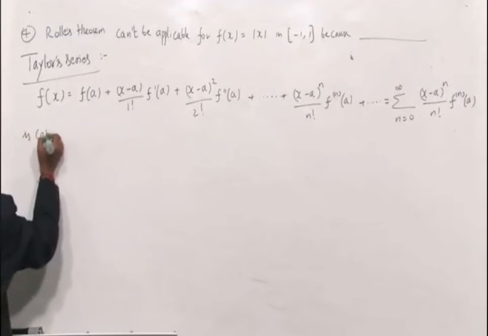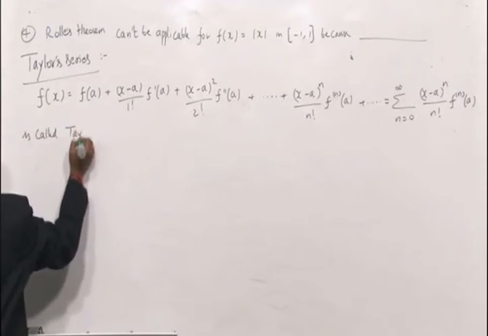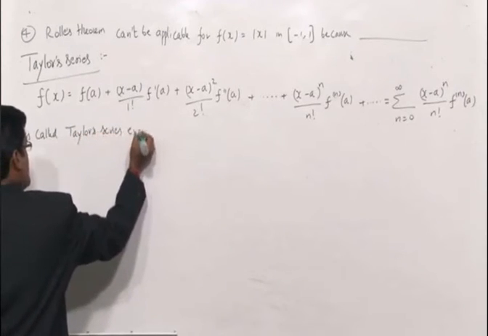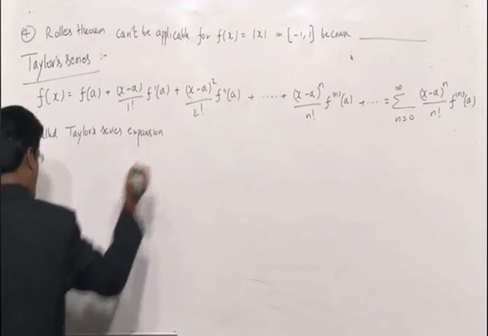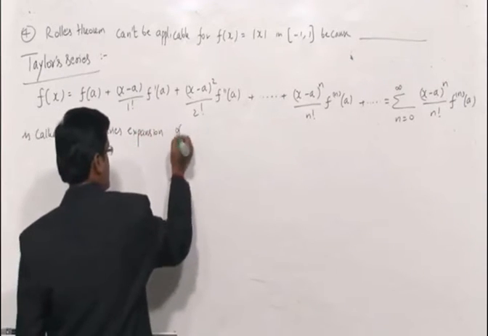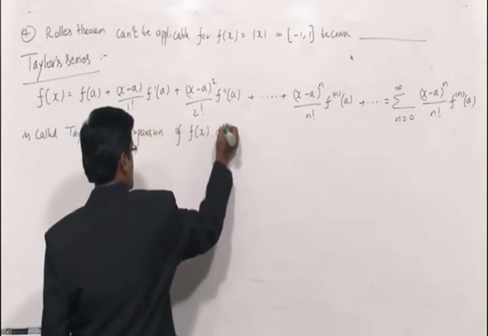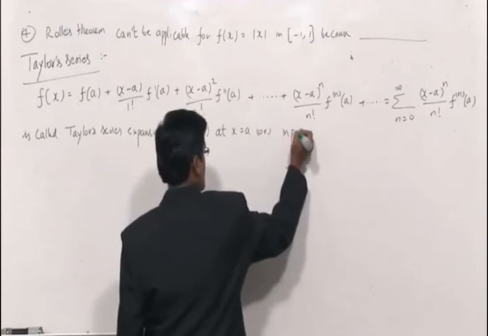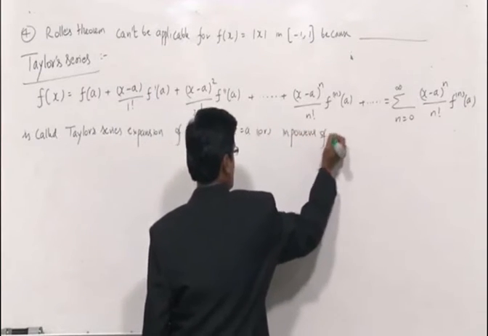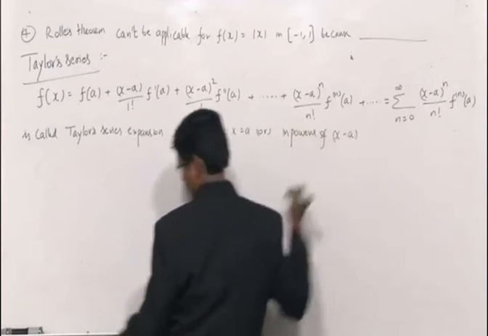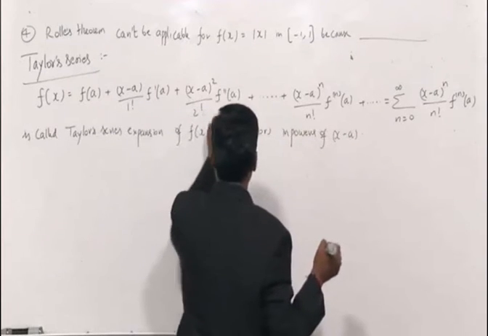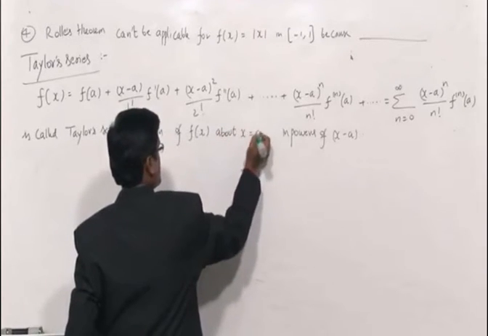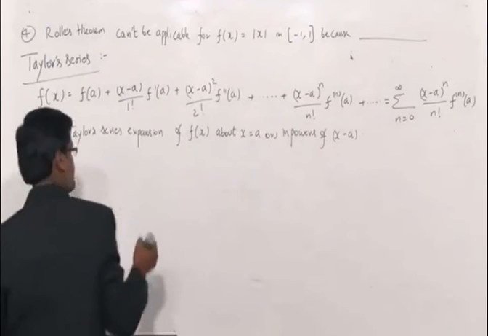is called Taylor series expansion of f(x) at x is equal to a, or in powers of x minus a, about x is equal to a, or in powers.